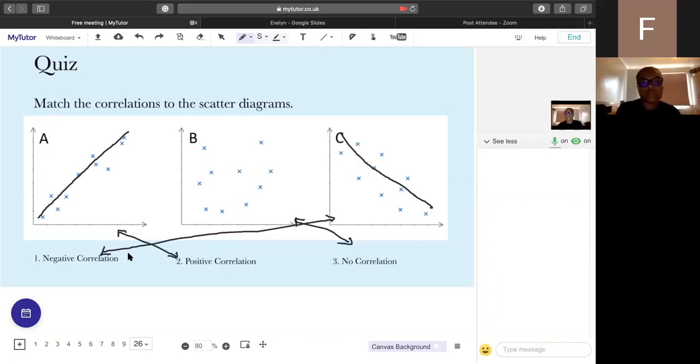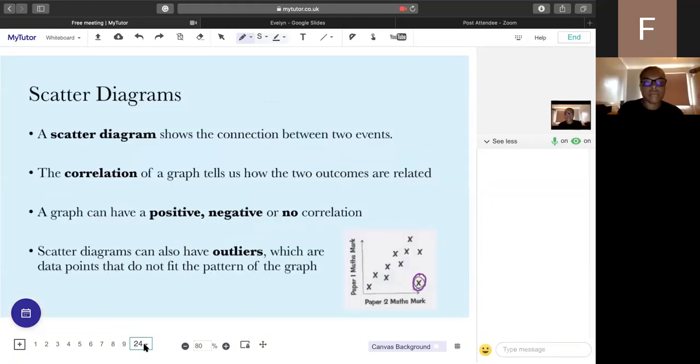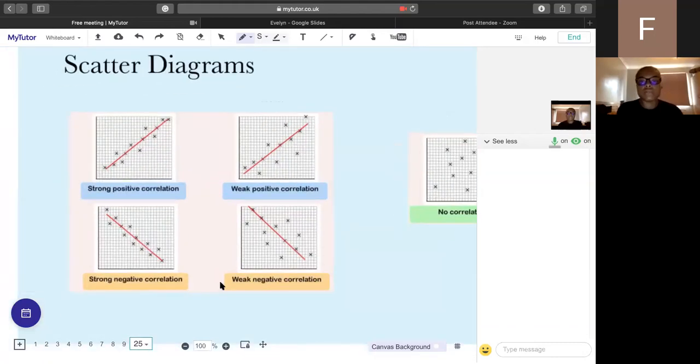So someone's asked, what makes a correlation positive or negative? Back to the drawings that we had here. A positive correlation would show a straight line which starts from the bottom and goes up. It's as if you were drawing a straight line graph with a positive gradient. What it would show is that as the values on your x-axis go up, so do the ones on your y.